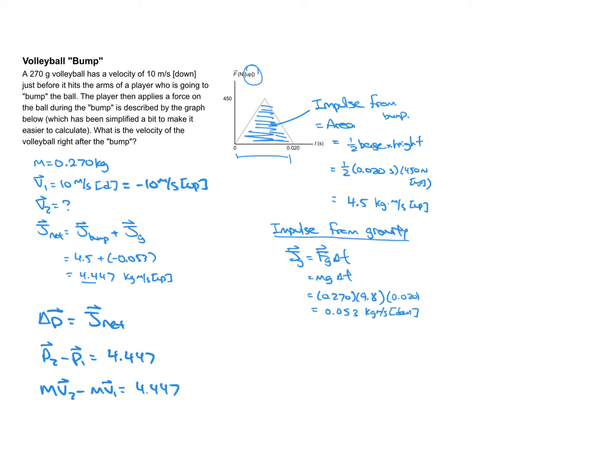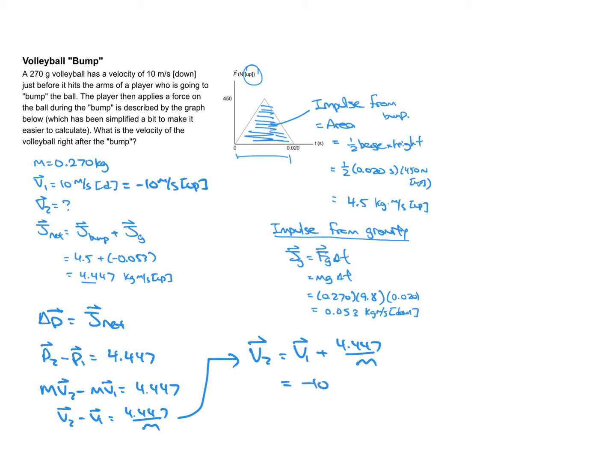I can divide both sides by m and then add v1 to both sides. That will get me my v2. Okay, so that's what I'll calculate.